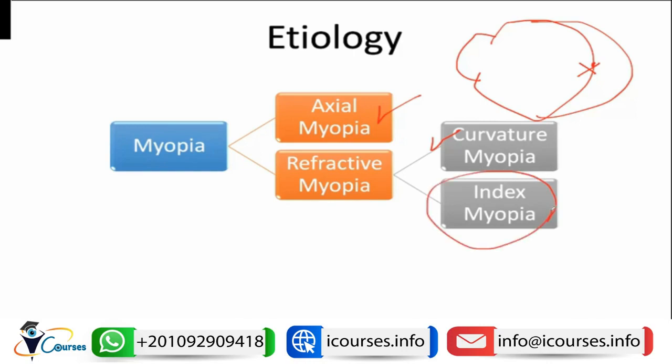Index myopia means that it is caused by a change of the refractive index. So increasing the refractive index of the lens will cause an increase in the refractive index of the eye, or if there is a decrease in the refractive index of the cortex of the lens, this will also lead to index myopia because it acts as a minus lens, as we will see later on.